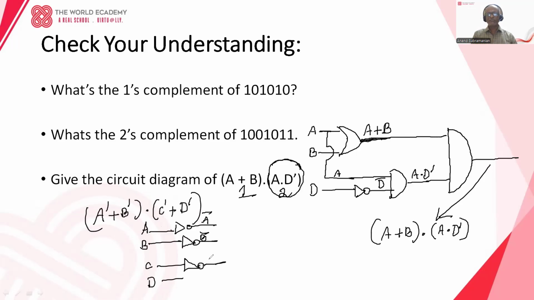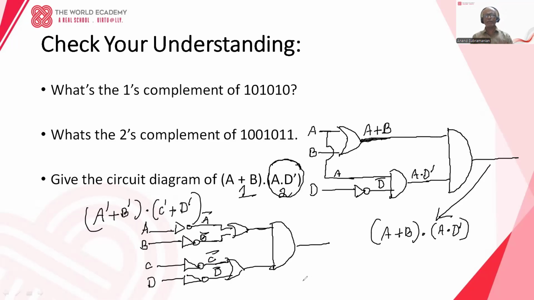This will become C bar, and I complement this. This will become D bar. Now I am ORing the first two, and then I am ORing the next two. Then I am ANDing both. That is what the final expression is. Output is (A bar plus B bar) dot (C bar plus D bar). Very simple to draw the circuit diagrams.